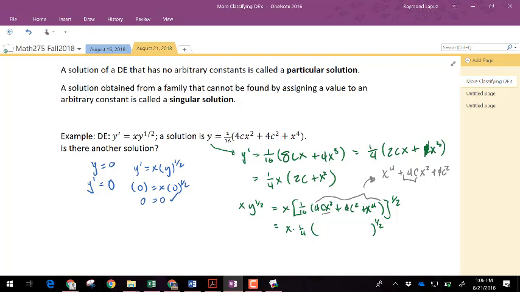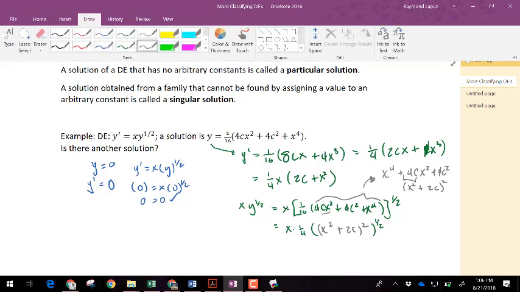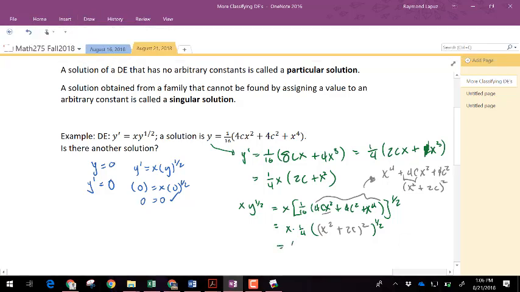Well, that's already a perfect square, right? So this whole thing must equal x squared plus the square root of 4c squared, that's 2c. Well, that's what this is. So the square root of that is just that itself. And so what do we have left? We have exactly what we have for the other one. So that matches. So that is, in fact, the solution to this particular differential equation.